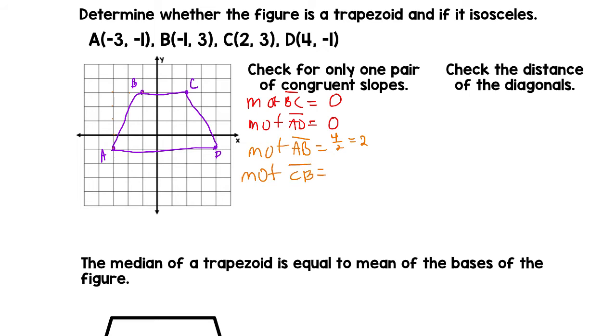I'm just going to count the lines here. We're going to go 1, 2, 3, 4 down. So that's a -4. And 1, 2 to the right. So that slope is -2. These two are not congruent. So this checks out, only one pair of congruent slopes. So yes, it's a trapezoid.